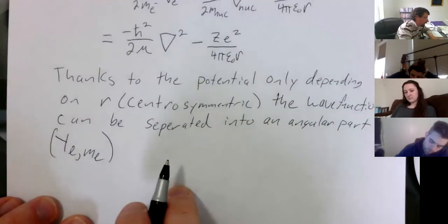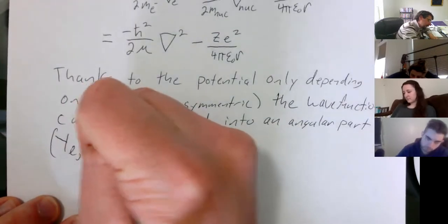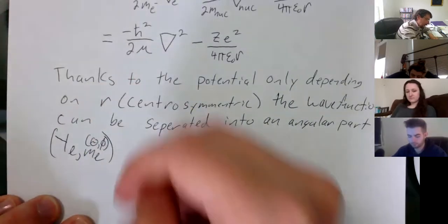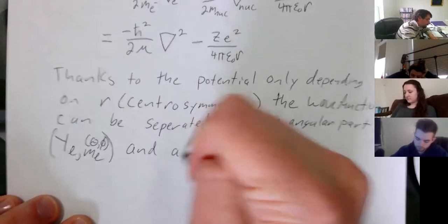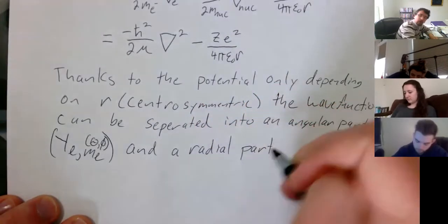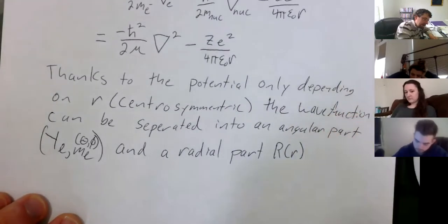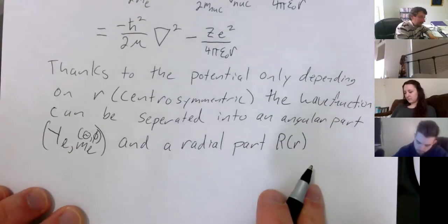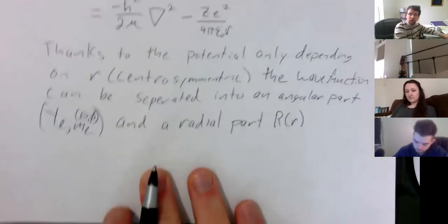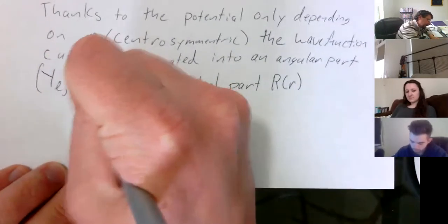That's our angular part, and that depends on theta and phi, and the radial part. We're going to express the radial part as capital R, which depends on that radius, how far away the electron is from the nucleus. So if we were to represent this mathematically, we would have our wave function.